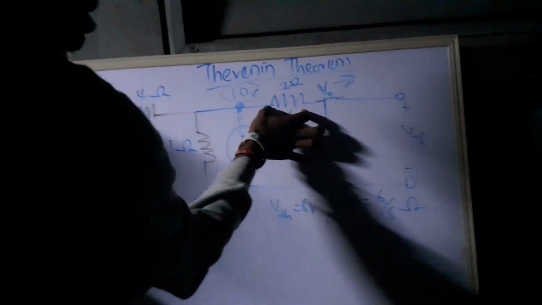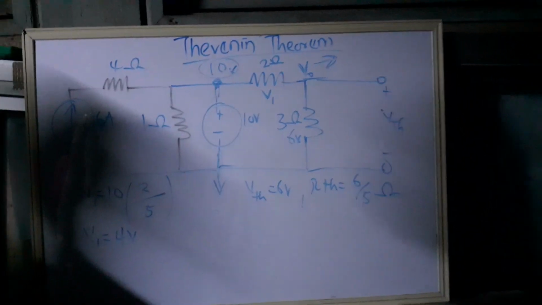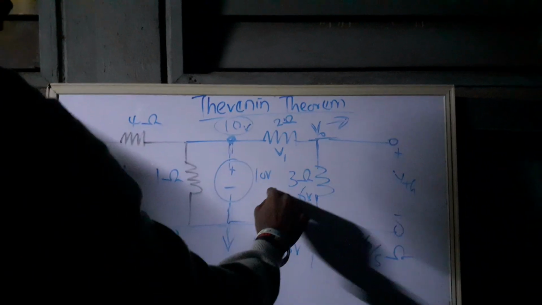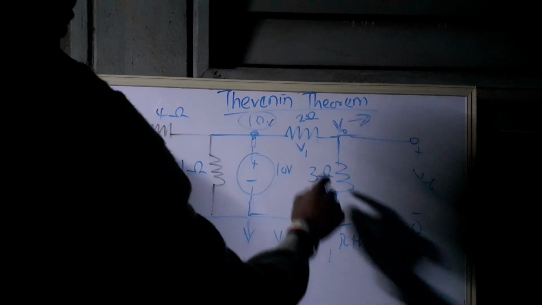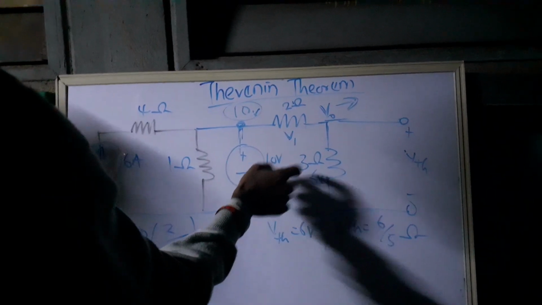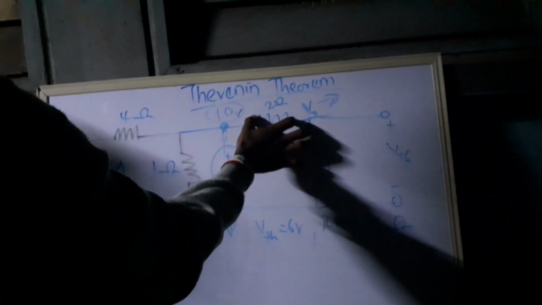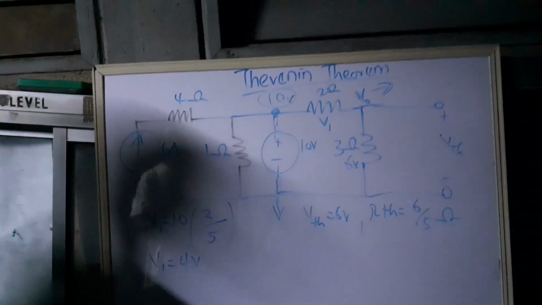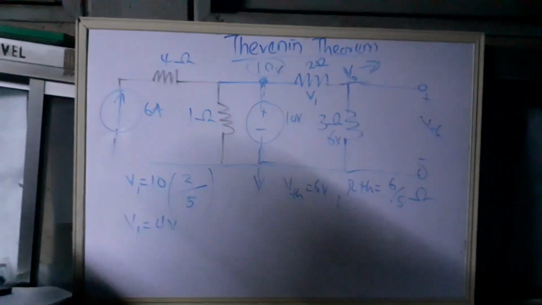If you call it 5 ohms, you use mesh analysis. Mesh analysis tells us that if a resistor is there with a current applied to it, the current that flows here will be the same, but you just multiply it. Do you understand?